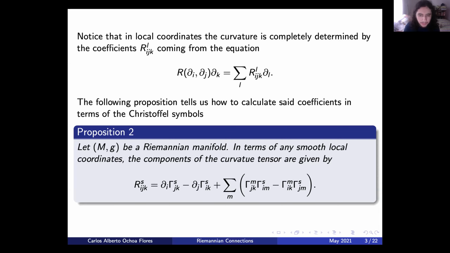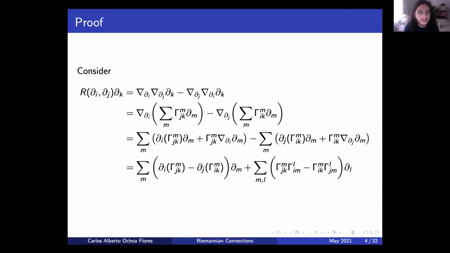So yeah, the proof is simple. One simply takes 3 local coordinate vectors and evaluates them in the curvature tensor, and one obtains this first, right? One does not have a bracket term because the Lie bracket of coordinate vectors is always 0.